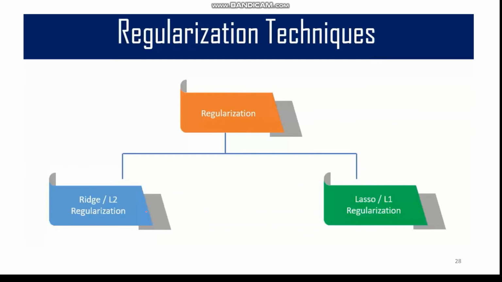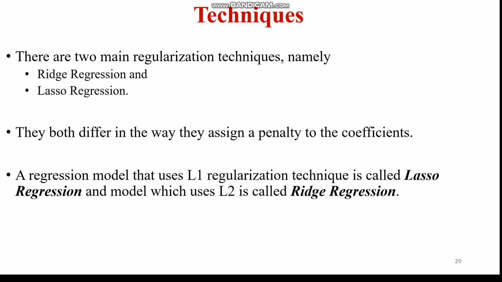So we have regularization techniques known as ridge or L2 regularization, and lasso or L1 regularization. These two techniques, ridge and lasso regression, are used for the process of regularization. They differ in the way they assign penalty to the coefficients. Let's quickly review all such points.